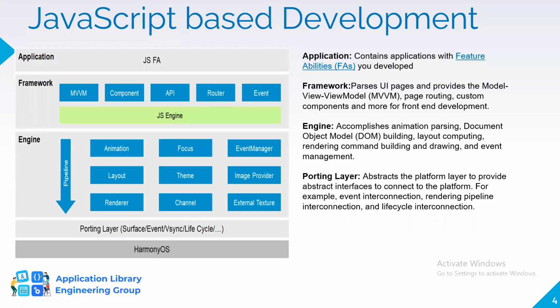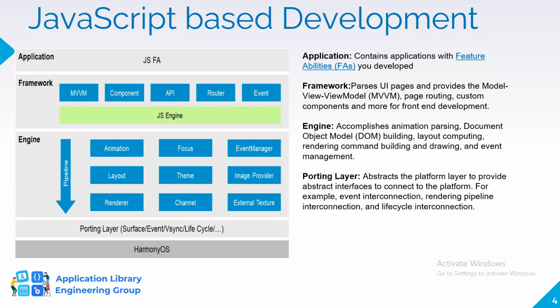If you see in this picture, these are the layers in the JavaScript-based web-like development paradigm. The top layer is the application layer, followed by framework, engine, and porting layer. The application layer contains all the applications which we are developing with feature abilities.